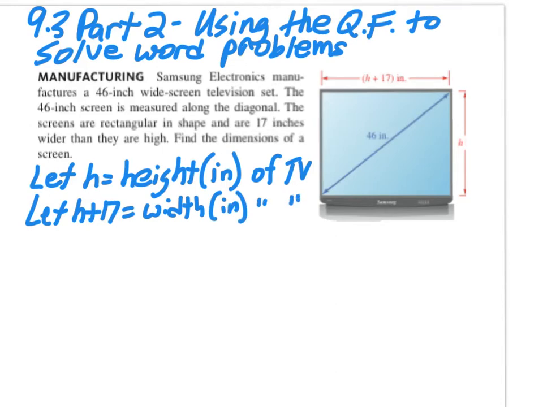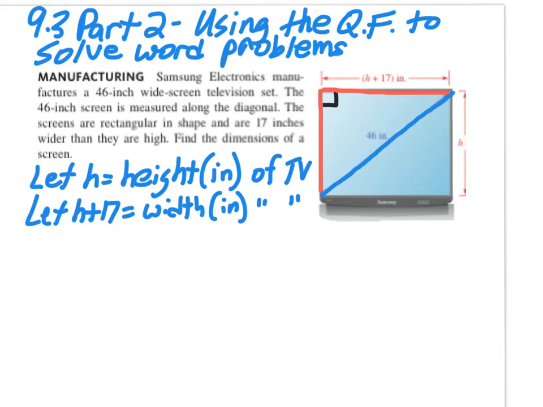Now, since this forms a right triangle right here, I'm going to need to use the Pythagorean theorem for this problem, with this being one of the legs, that's h, and h plus 17 being the other leg. And then I have the hypotenuse of 46.